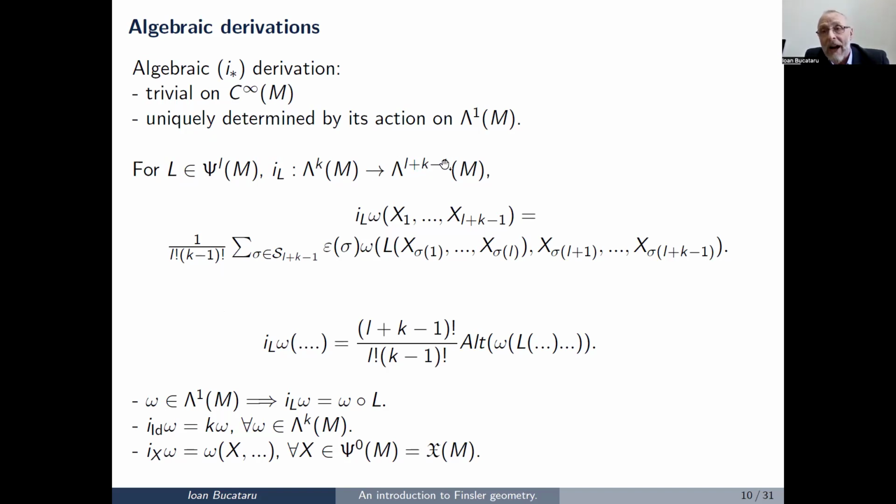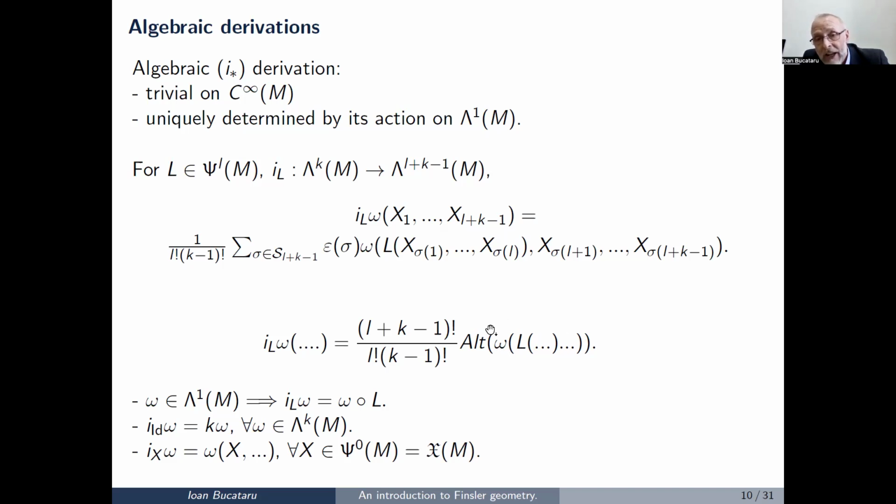L minus 1. So it increases the degree of forms by L minus 1. Here is the exact expression, but it is easier to think as I put it here. So i_L omega is just omega of L and all its arguments here and all other arguments.